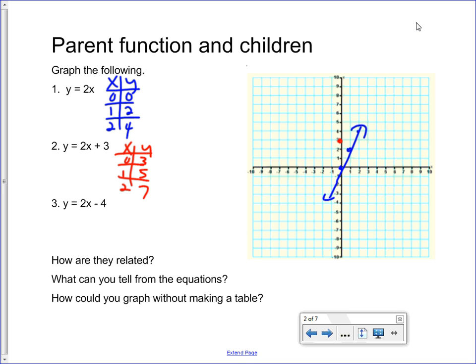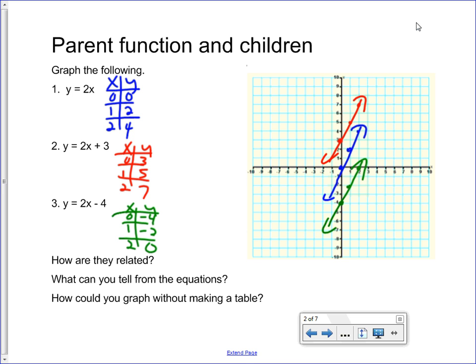So I'd have this line here, and if I use the same three x values over here, I'd get a line that has 0 and a -4, 1 and a -2, 2 and 0. So I would have ended up with this line here.